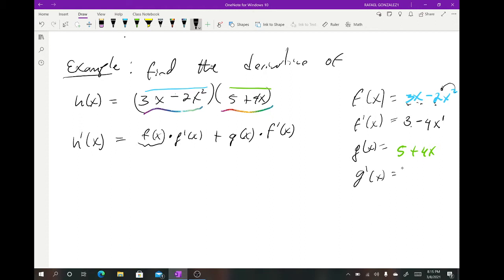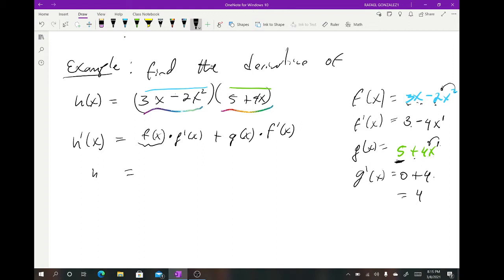For the other one, the derivative of a constant is 0, plus, again, there's a 1 here, 1 times 4 is 4, and x to the 0 is just 1, so g prime of x is 4. Again, this is from the rules that we learned last time: the power rule and the constant rule.